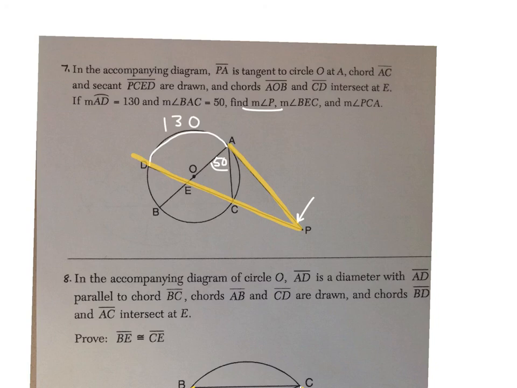So it would follow the formula half the arcs added together, or arcs subtracted from each other. And the one arc we know is 130 degrees. The arc that we still need is the smaller arc that's inside that angle.